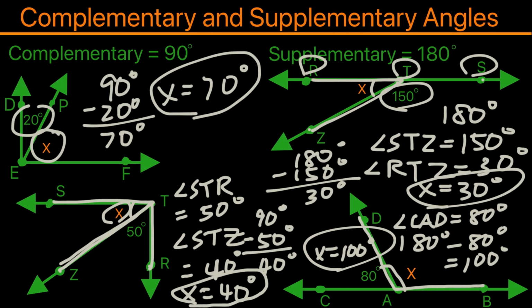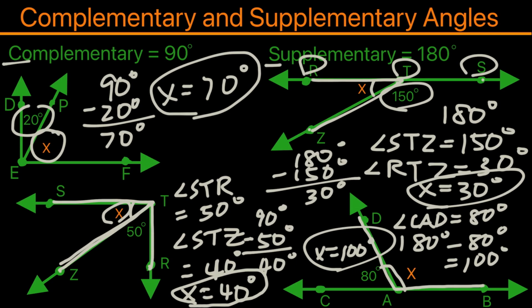And another good way that you could memorize that complementary is 90 degrees and supplementary is 180 degrees is by the alphabet in front of it. Because C is smaller than S, complementary is 90 degrees.